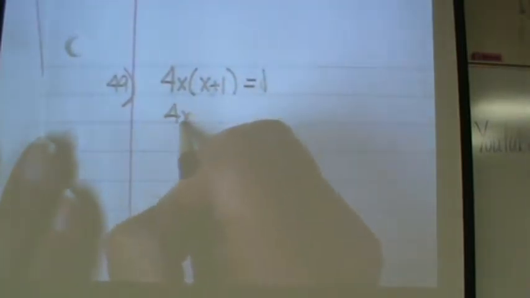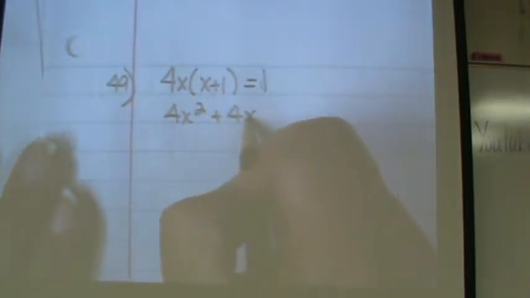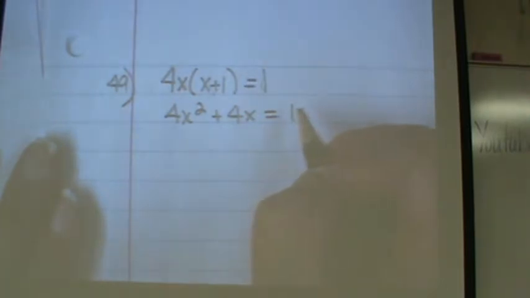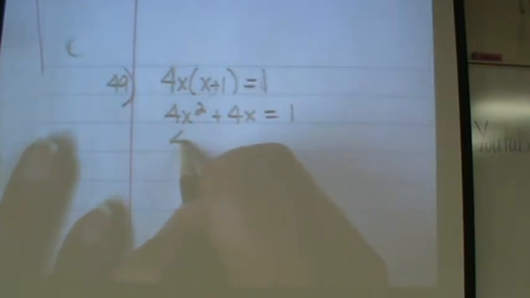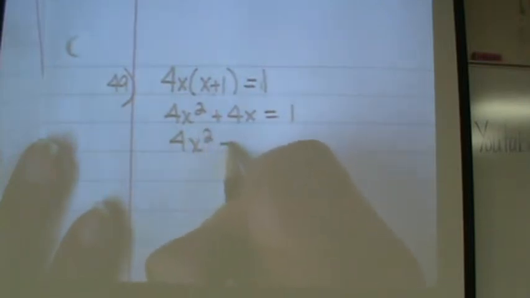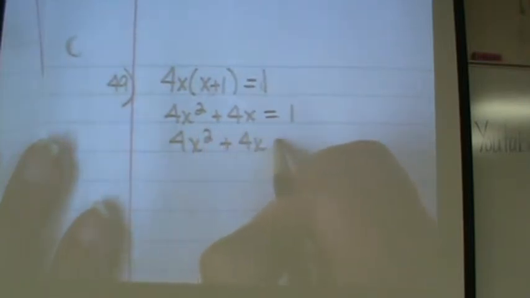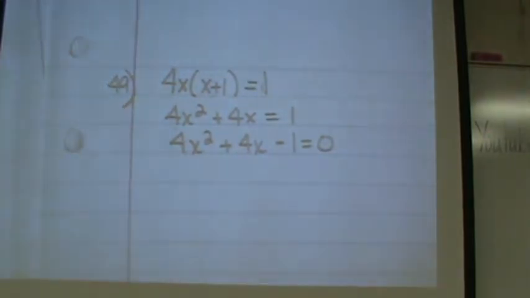We get 4x squared plus 4x equals 1. I would bring the 1 over. And I would probably, for this one, use the quadratic formula. That is exactly what I would do for 41.